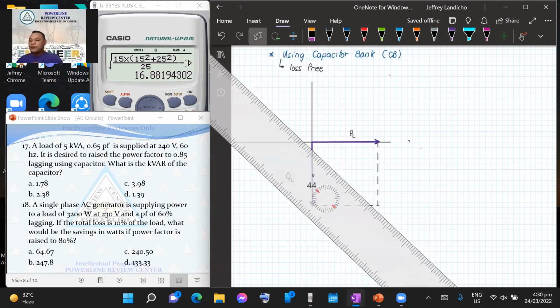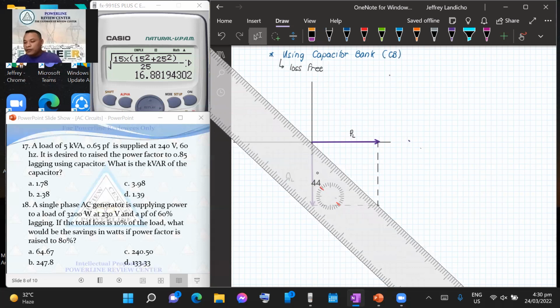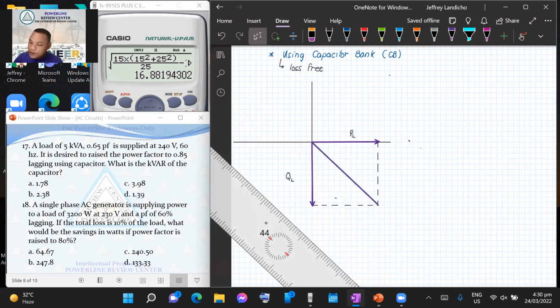Kung saan nag-meet, draw a line. Eto ngayon yung ating apparent power. So this would be now the apparent power of the given load. Ito yung kanyang magnitude. Ito ngayon yung ating original power factor angle.